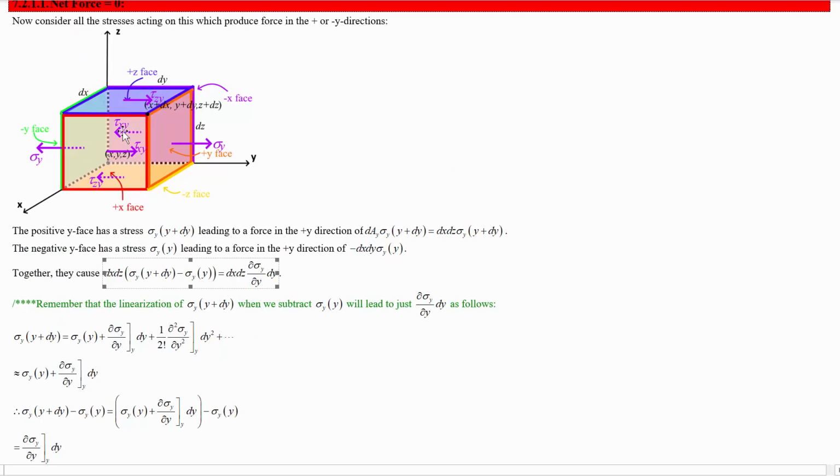So if we do something similar, what would be the net force in y from tau zy? It would be tau zy at this surface times the area of that surface minus tau zy at this surface times the area of that surface.